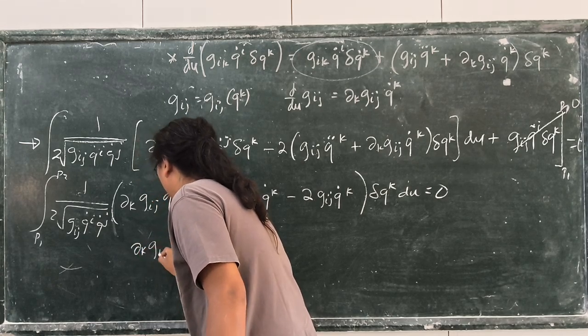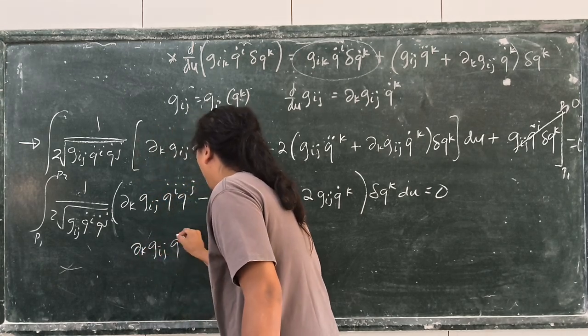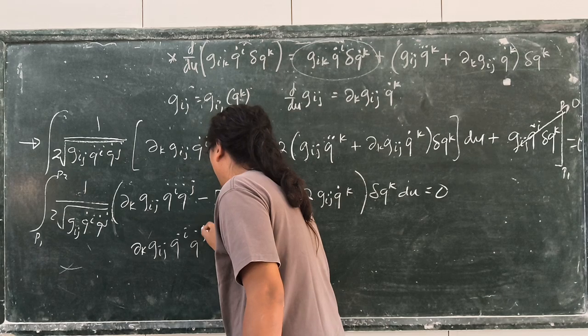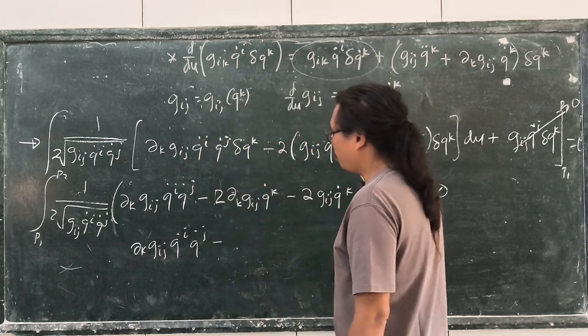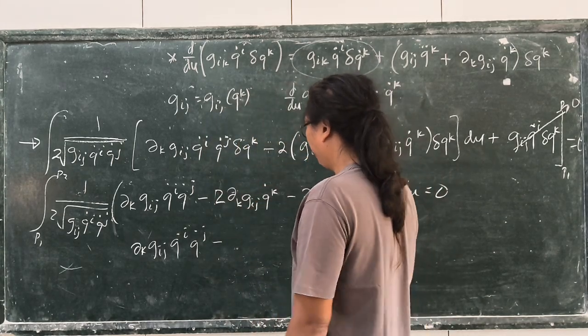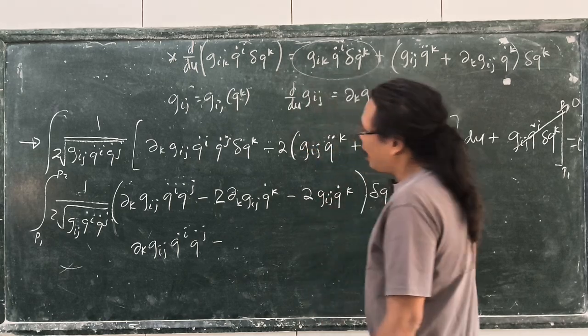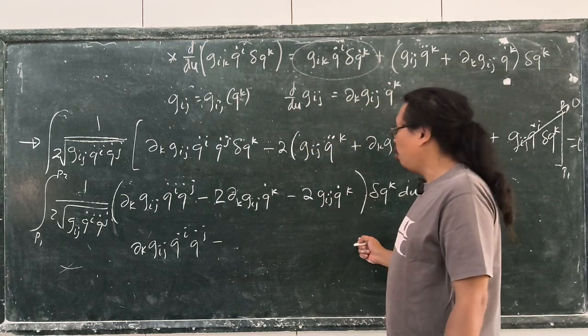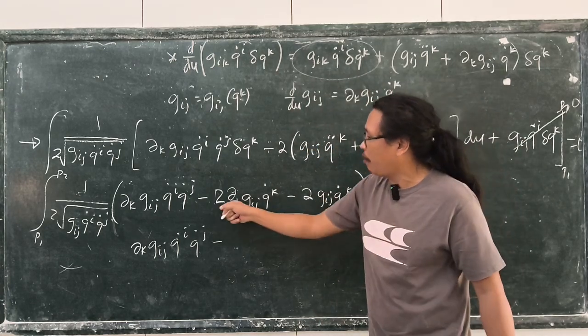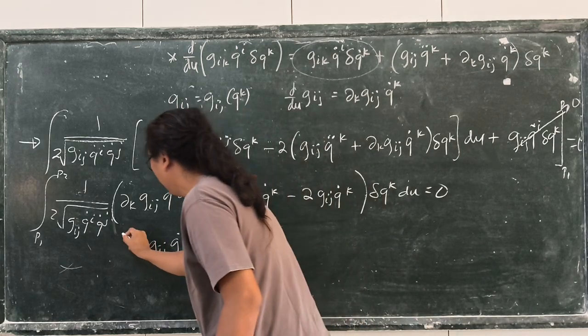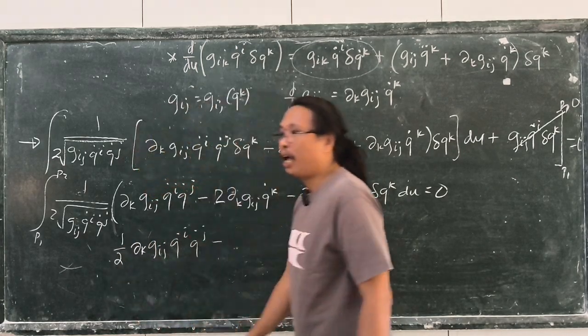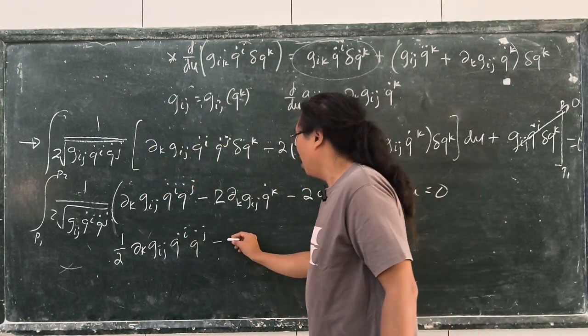Partial K, Gij, Q dot I, Q dot J, minus, okay, take note of this 2 here. Okay. Di ba this is equal to 0? Ako ni siyang i-1, that means it becomes 1 and that becomes 1/2, right? This now would become 1/2. Okay? Should be.